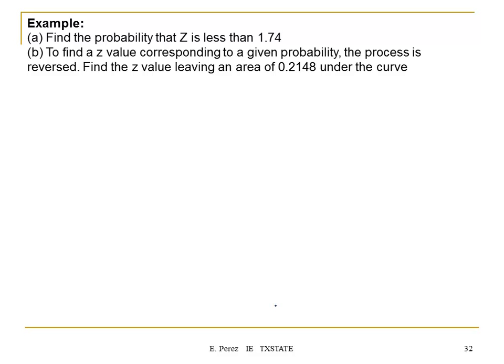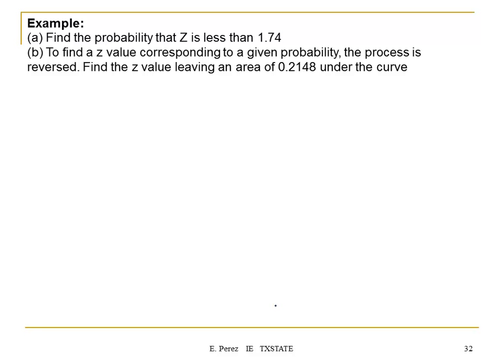Okay, so let's try to use your table. So for 1.74, what would be the probability? 0.9591. That's what you found? Okay, correct. So go back here really quick.